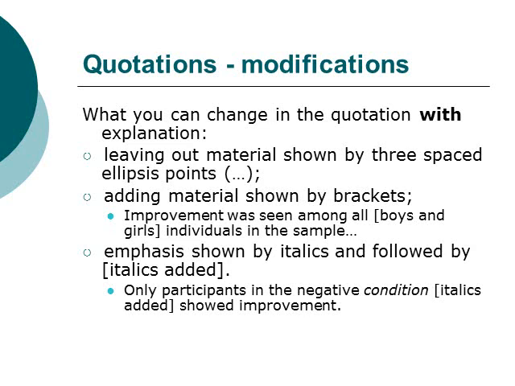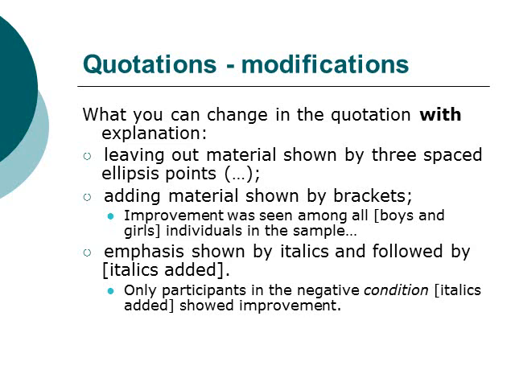So let's say I'm using a direct quote that says, improvement was seen among all individuals in the samples. But I, as the writer, want to specify that all refers to both boys and girls. I can put in a bracket and say boys and girls, and then end the bracket, and it's signaling to the reader that I added the words boys and girls to add clarification. Those are not words that come from the original author.